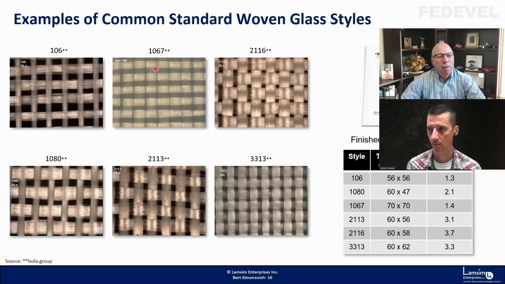So 1067 is what they call a spread weave. They actually spread out the fills direction, and it makes it more uniform. It wasn't done for high-speed signal integrity.